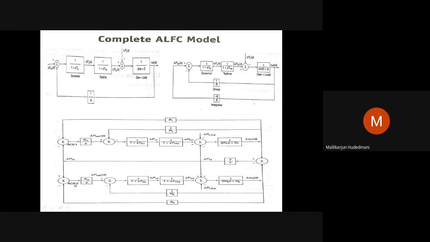So ACE1, ACE2 are the additional signals we have to generate from the system to see to it that reference point control is done by an integral controller. If we institute this kind of additional infrastructure around this loop, that is nothing but a complete model of ALFC in an interconnected mode that is going to fulfill tie-line frequency bias control, the third mode of requirement, which will address both frequency management as well as the megawatt exchange.